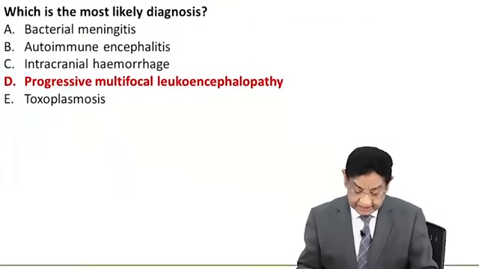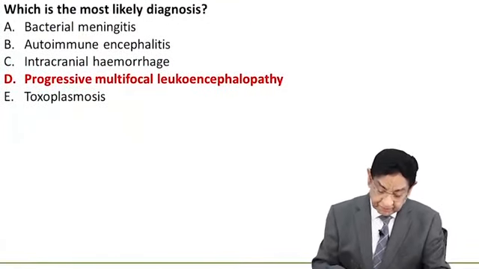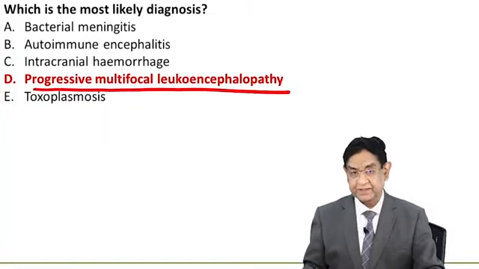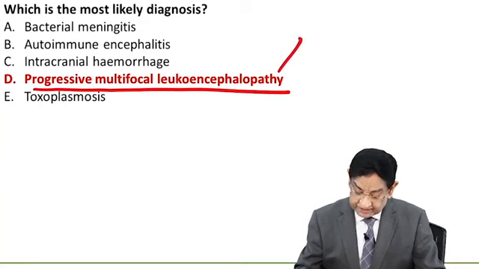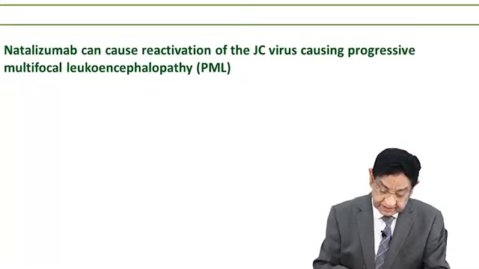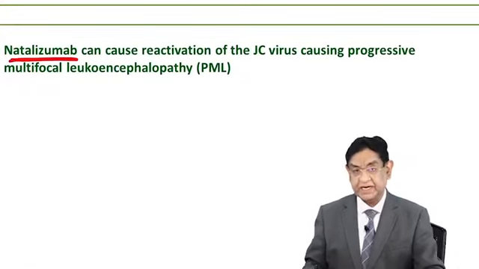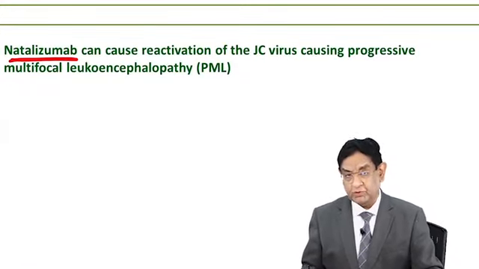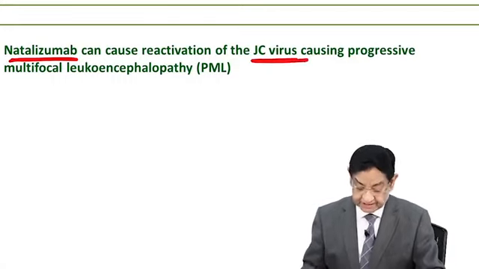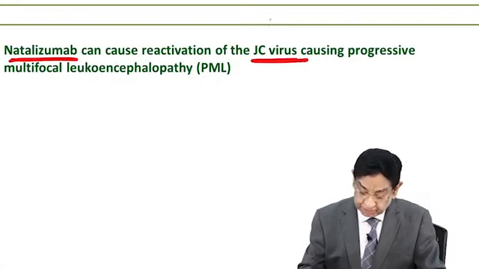So what is the most likely answer? Progressive multifocal leukoencephalopathy. Why? Natalizumab, as I mentioned earlier, is a monoclonal antibody. It causes reactivation of JC virus, especially in patients who have HIV.